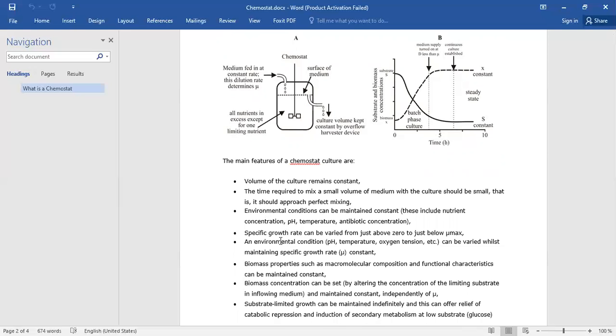Environmental conditions such as pH, temperature, and oxygen tension can be varied, and biomass properties such as macromolecular composition and functional characteristics can be maintained constant.